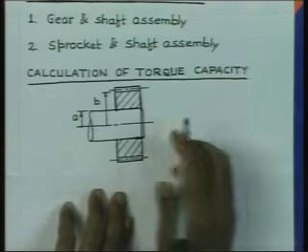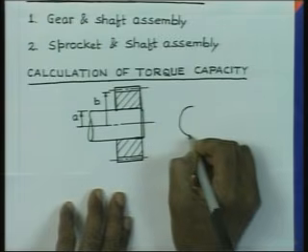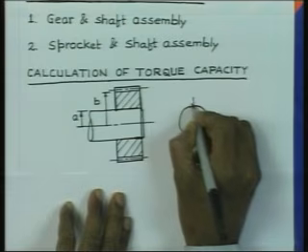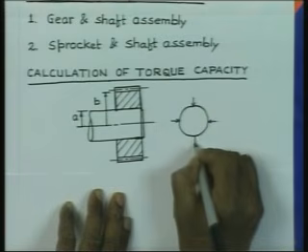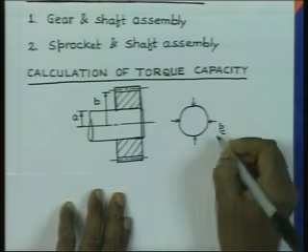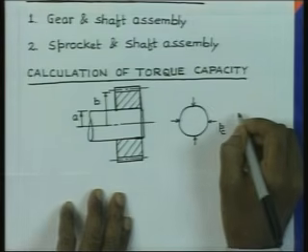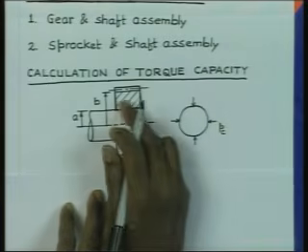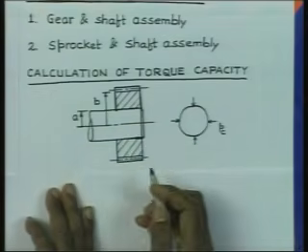Now, under the action of the shrink fitting, there will be some contact pressure acting on the shaft, let us say that is PC, and the same PC is going to act on the inner surface of the gear hub.